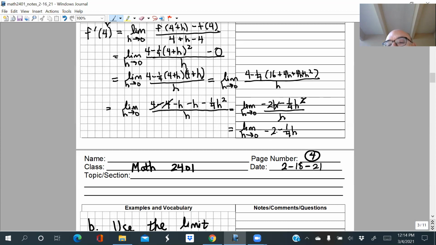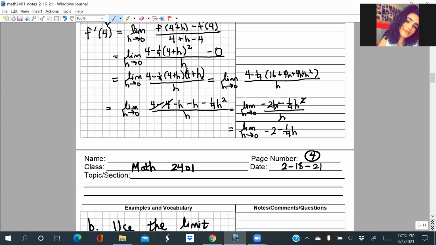What's going to happen to this quantity? Donna, can you see that? So as h gets really small, what happens to minus 2 minus 1/4 times h? It's going to get smaller too.